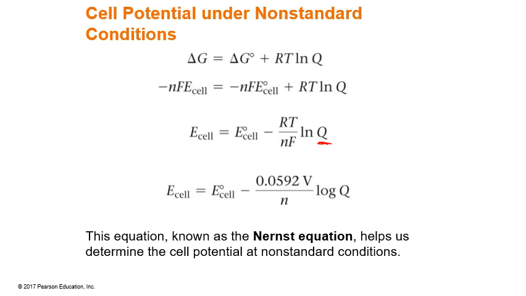And this can help us find the cell potential under non-standard conditions. This is known as the Nernst equation, and it helps us determine that cell potential.